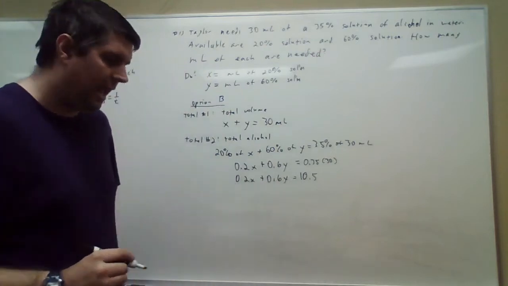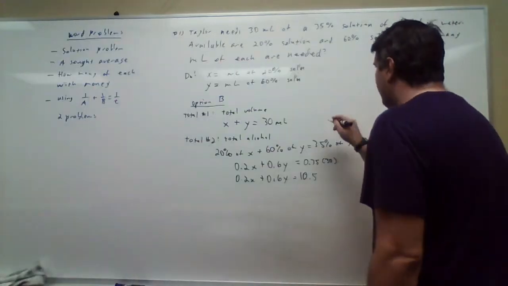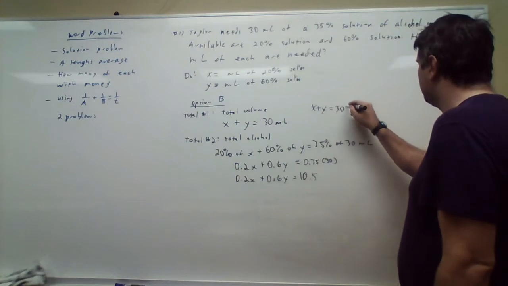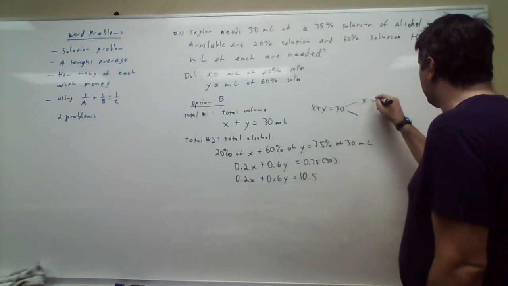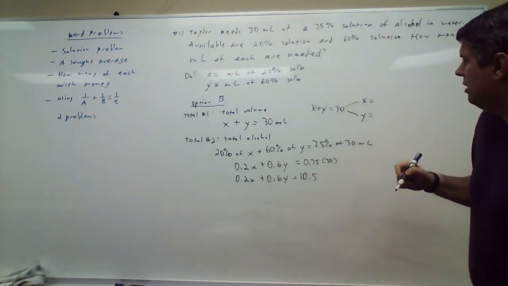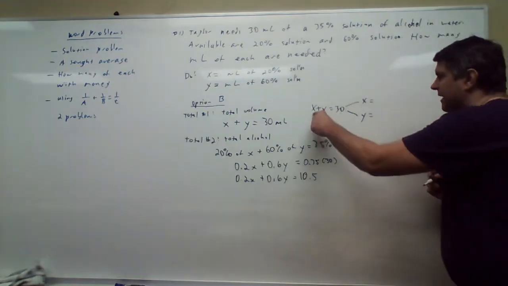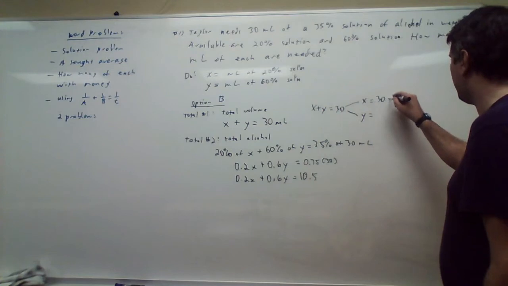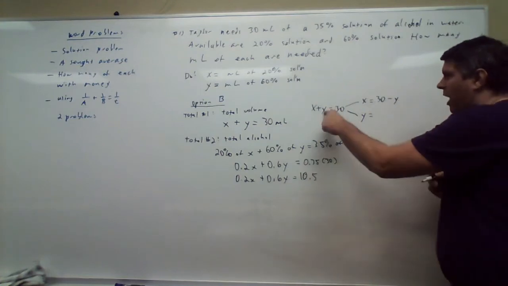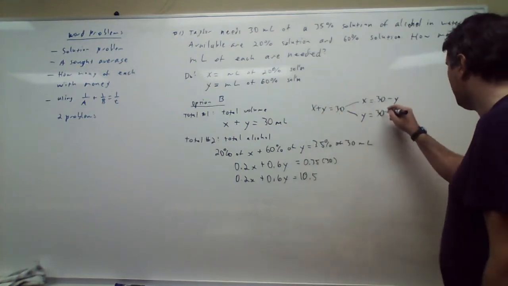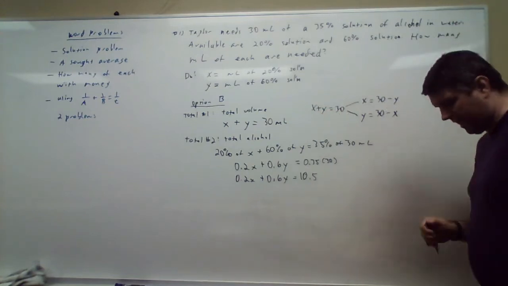Now, again, like I did with option A, I'm going to put X plus Y equals 30. X equals, Y equals. Okay? If I want to get X by itself, I'd subtract Y here and subtract Y there. So 30 minus Y. If I want Y alone, I would subtract the X here, I'd subtract the X here. So 30 minus X. Okay.